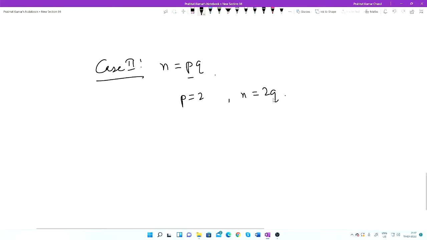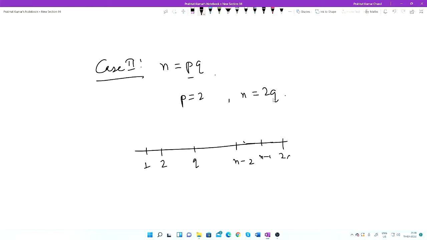So what you can see here is that, the number line again I am drawing, so 1, 2 till n minus 2, right? So here somewhere there is q, because q is smaller than n. Since n is of this form 2q, at the last number here we will get a 2q, right?